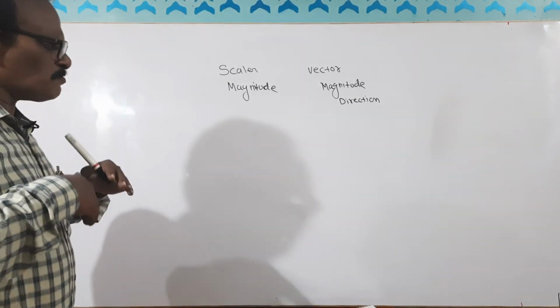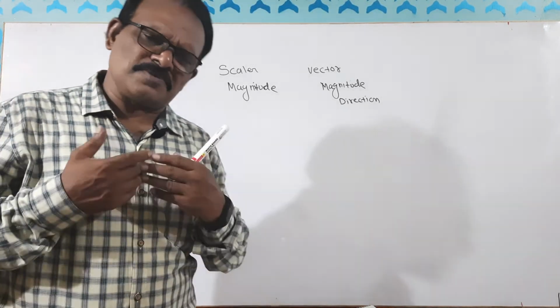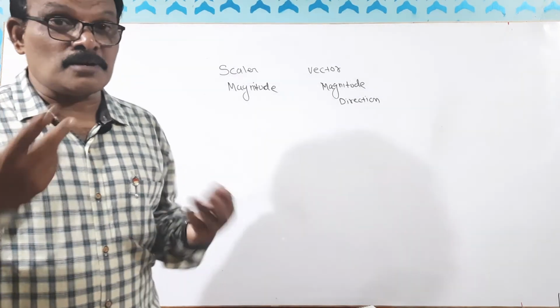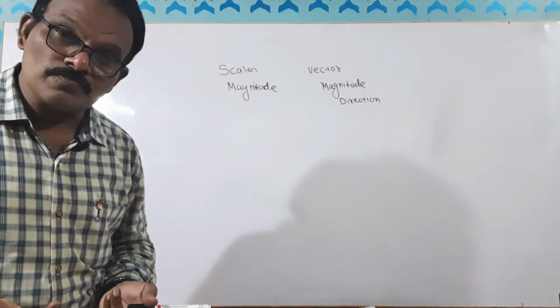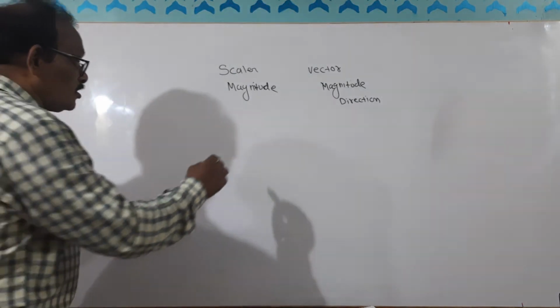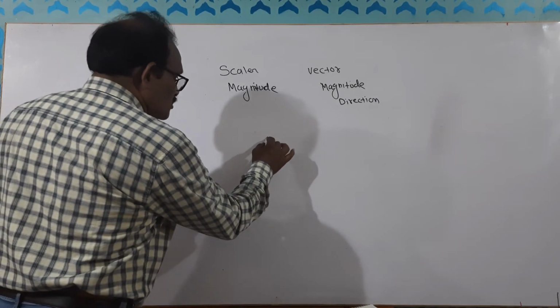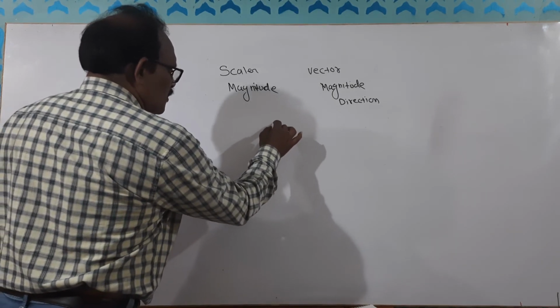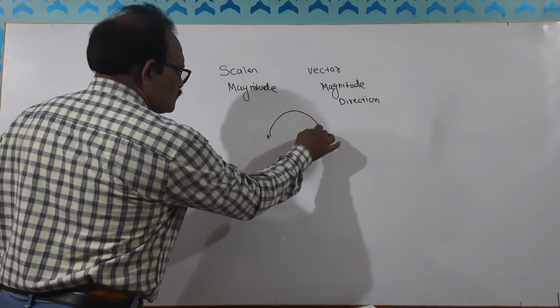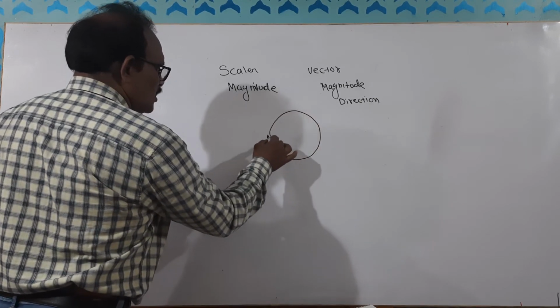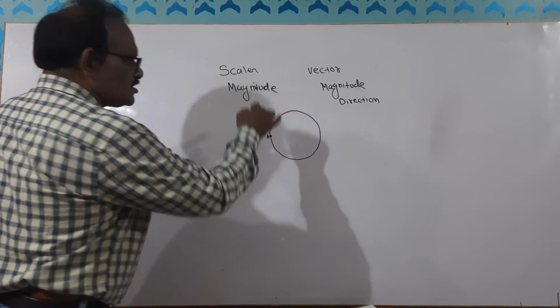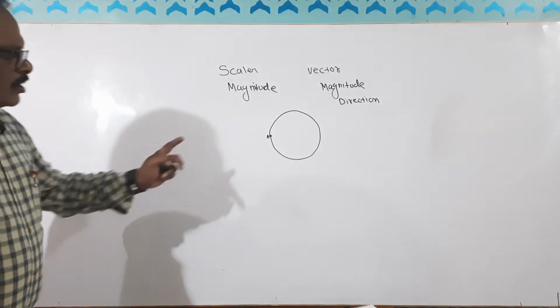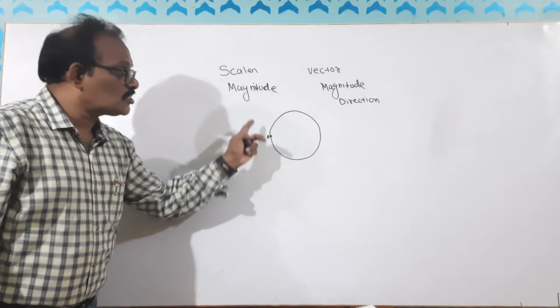See, distance may be 1, 2, 3, 5, any number of kilometers, but sometimes displacement may be 0. How? If an object starts from here and goes 5, 10, 20, 30, and so on up to 100 kilometers, how much distance has he covered? 100 kilometers.